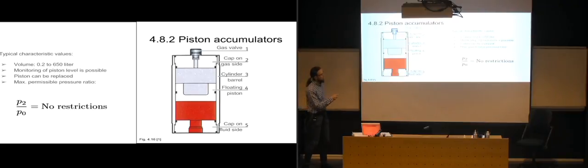What's basically stopping you here is the maximum pressure of the system, because your cylinder barrel and your end caps have to be dimensioned to handle the maximum pressure of the system. But whether you have 600 bars on the gas side and 10 bars on the hydraulic fluid side, it's not going to matter. So the difference in pressure doesn't matter at all. It's just the maximum pressure that affects it.